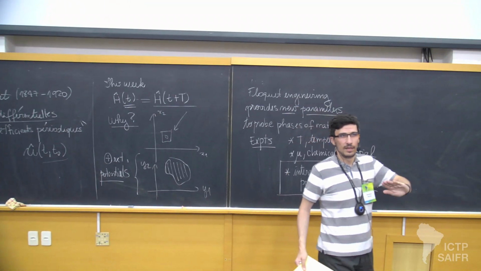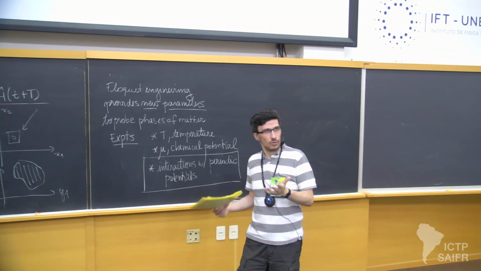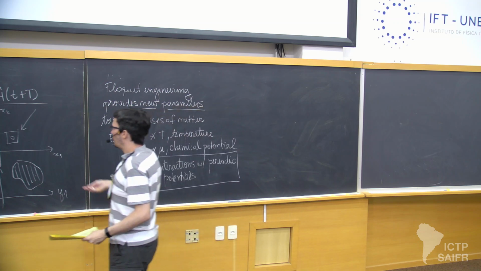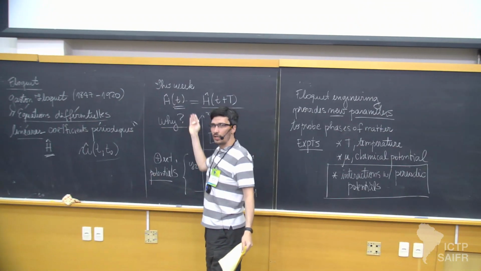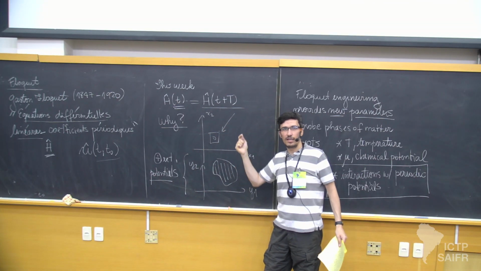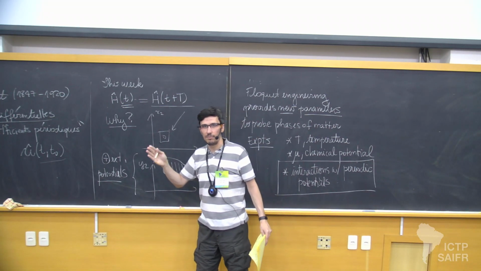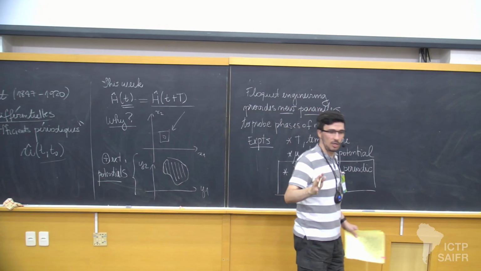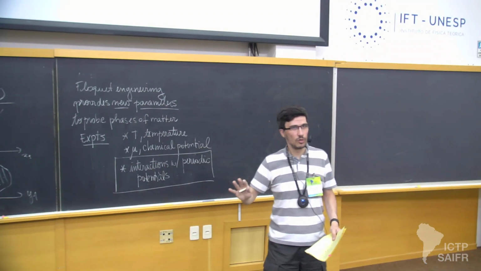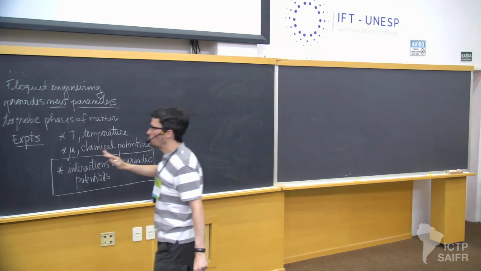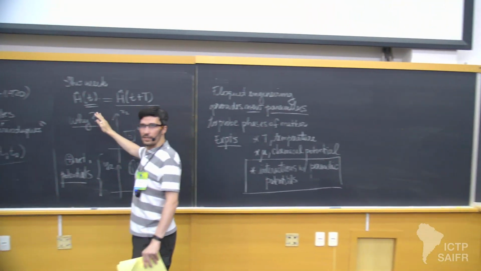It's not going to be the complete solution, of course, because I could tell you a Hamiltonian that is not a function of time, that is very hard to solve. And if you make the same Hamiltonian a function of time, it becomes harder to solve. So I'm not going to be solving all problems. What I'm going to be telling you is how to handle a Hamiltonian that looks like this, okay?